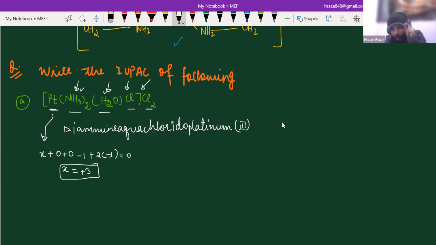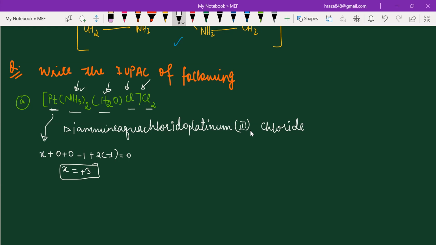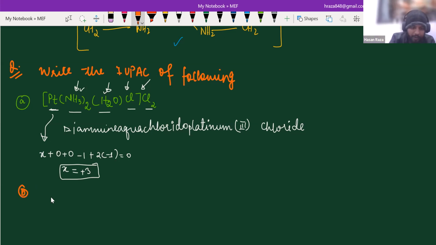Whenever you write the name of the counter ion, you need to give some space, and we directly write chloride. Don't write dichloride, trichloride, monochloride. You just need to write chloride. Is that clear? Okay, sir, it's clear. So this is the first, just write the name of it.